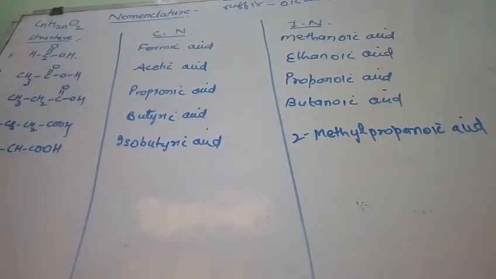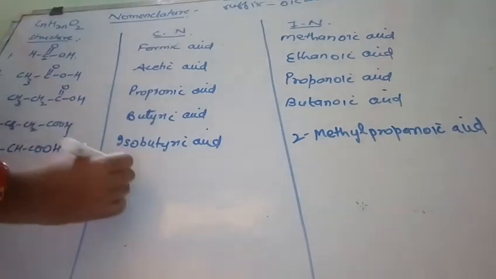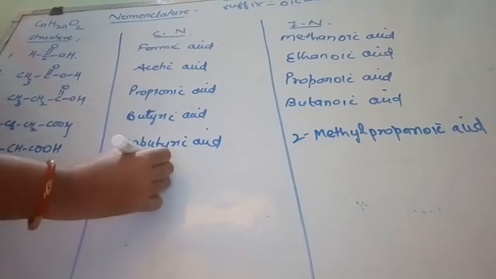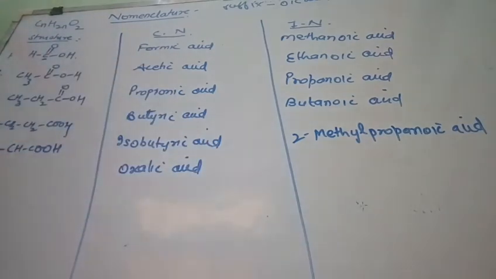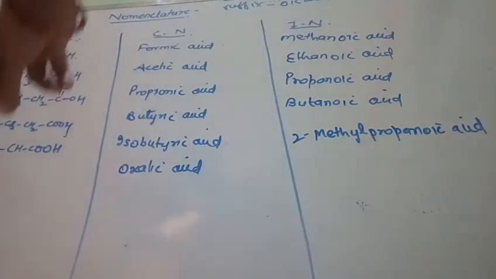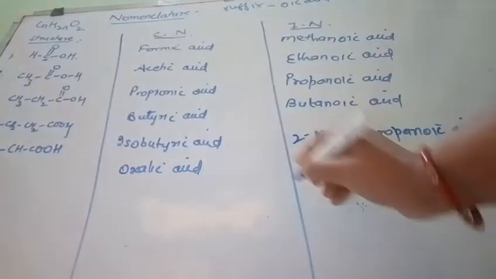Now we will study some of the carboxylic acids which have 2 carboxylic acid groups. So they are known as dicarboxylic acid derivatives. The first member we will study is COOH, COOH. This is commonly known as oxalic acid. Now what will be its IUPAC name? Here how many carbons are there? 2 carbons are there.